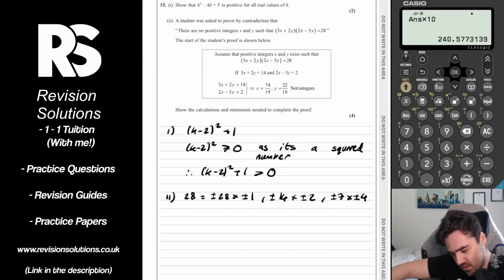So let's see if we can eliminate some of them a bit more easily. Well, the fact that the x and y are positive integers means that we could never have them add up, like in this case, to give something negative. So you could never plug any of the negative examples in for this.